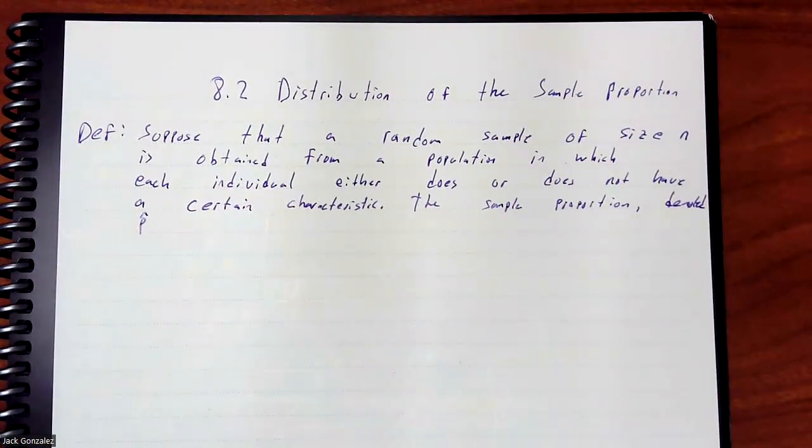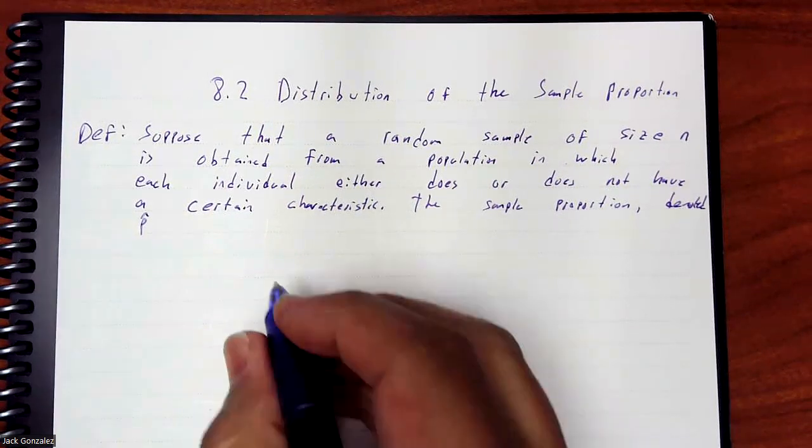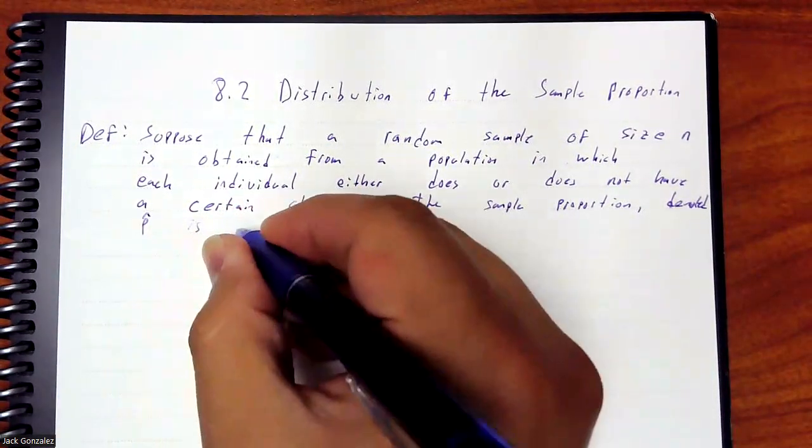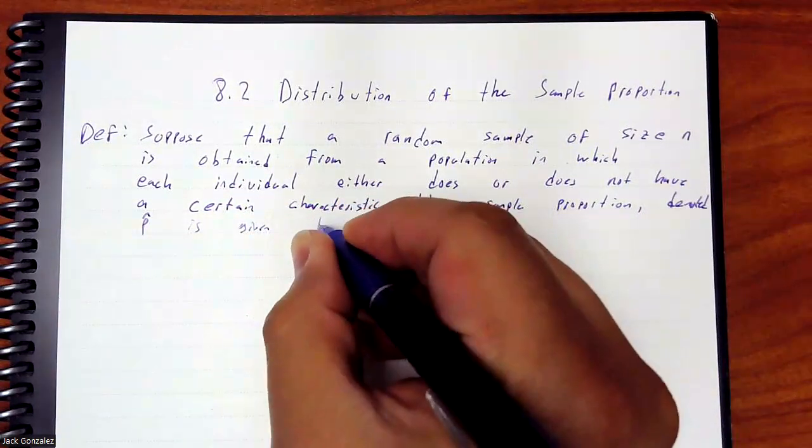Do we see a little P with a caret on top, little triangle? They call it P hat. Is given by the following.